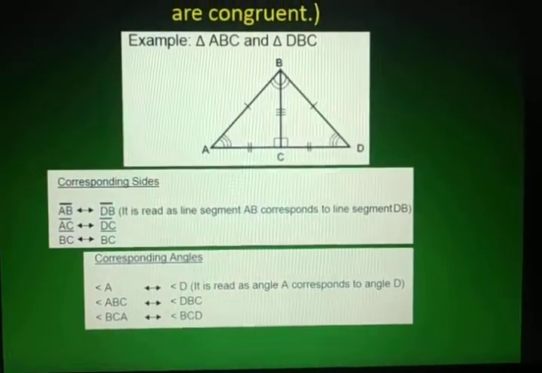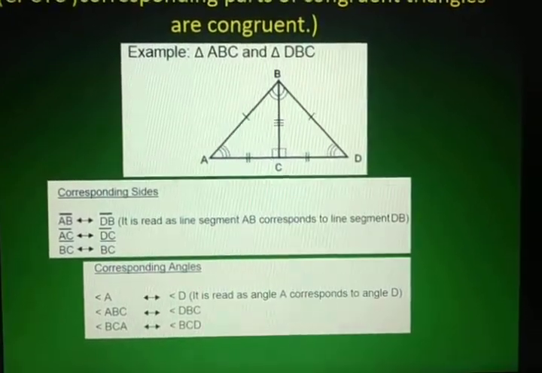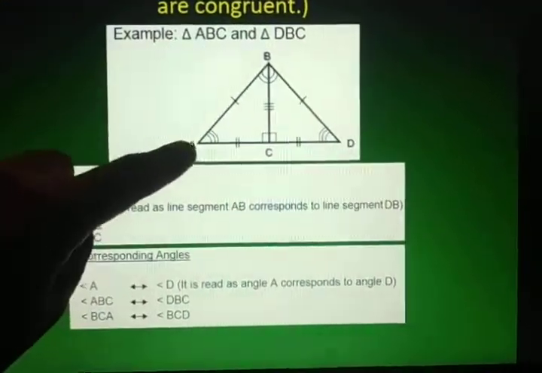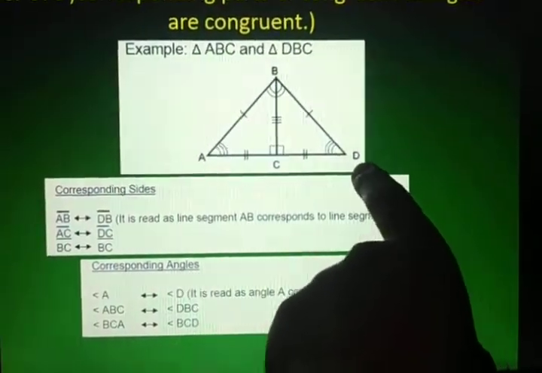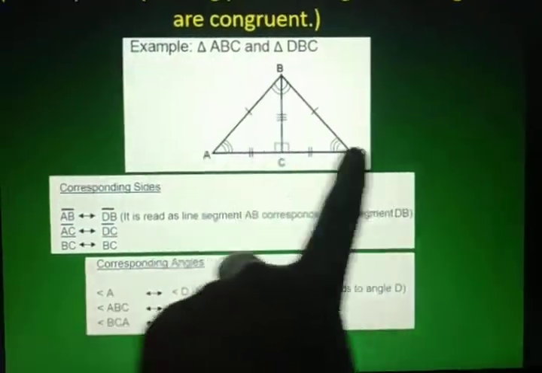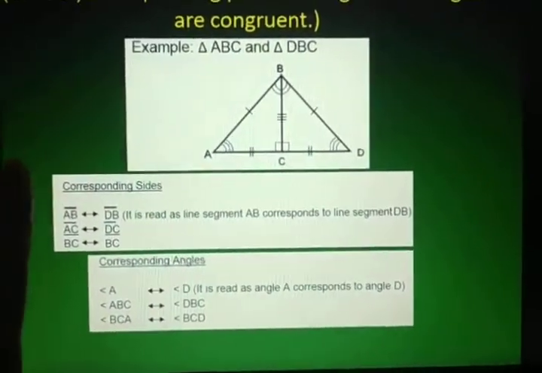When we say vertex, it is just a point, the corner. So, we have vertex A corresponds to vertex D. Class, it is the same as the angles, but there is no symbol, just big letters.